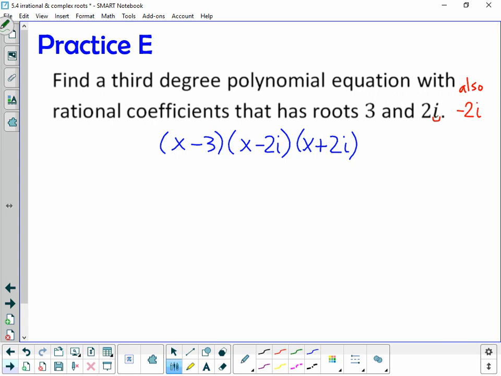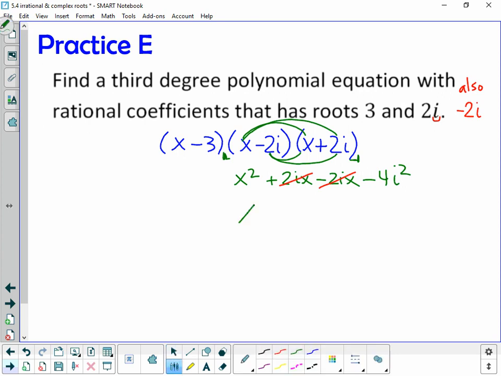If we multiply it out, choose those imaginary ones to go first. We get x squared, and again, if you can do this in your head, that's great, plus 2ix minus 2ix, and then minus 4i squared. The positive 2ix and negative 2ix add up to 0.